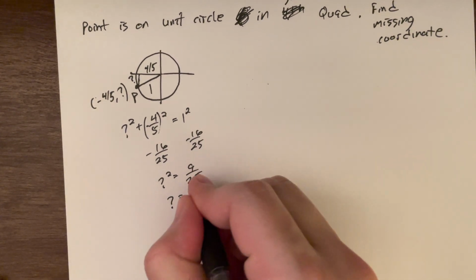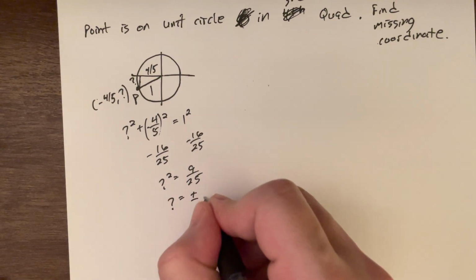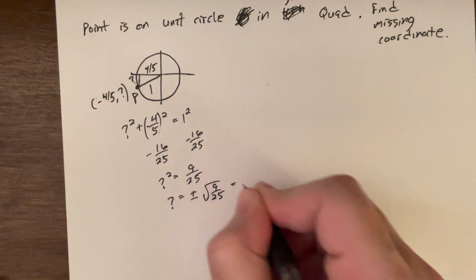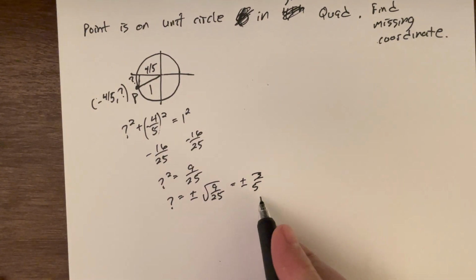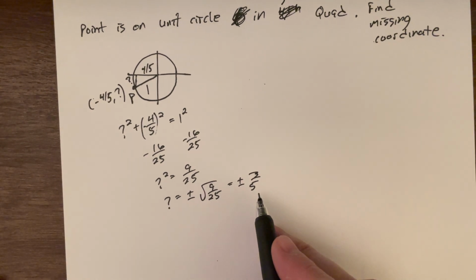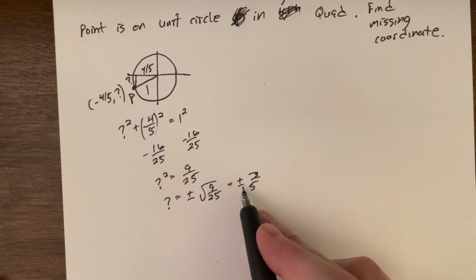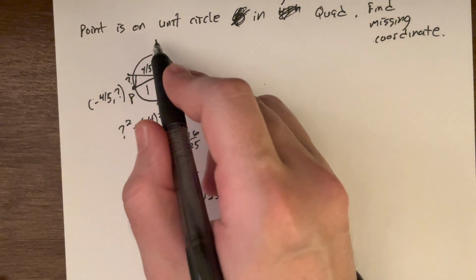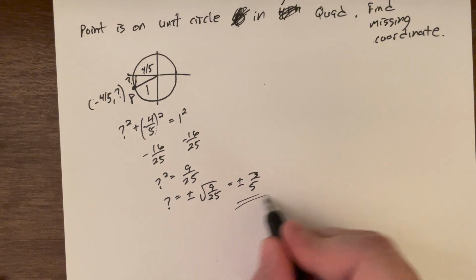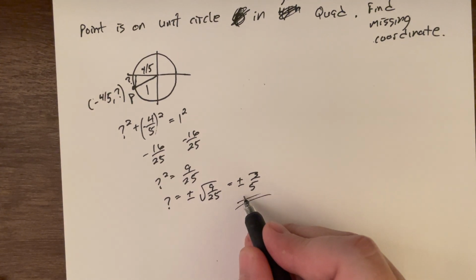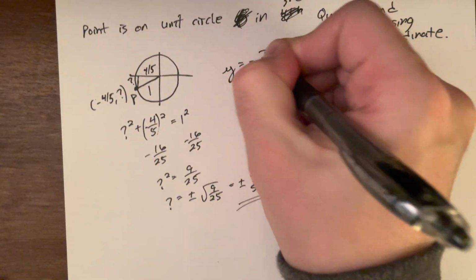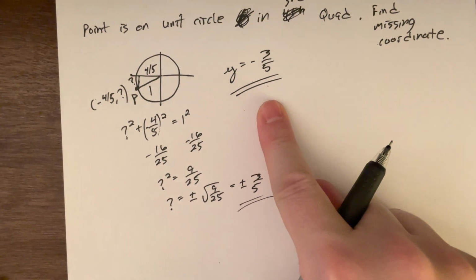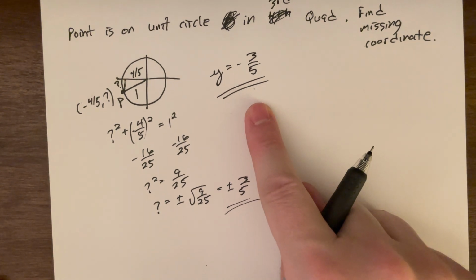Technically, when you get the square root of 9 over 25, both top and bottom are nice perfect squares. But in all right triangle problems up to this point, we've always said ignore the negative because we're looking at distance. But here, now that we're back on the XY axis, we have to realize, is it positive or is it negative? Since we're in the third quadrant here, the negative would be appropriate for this one. And that would be your answer.